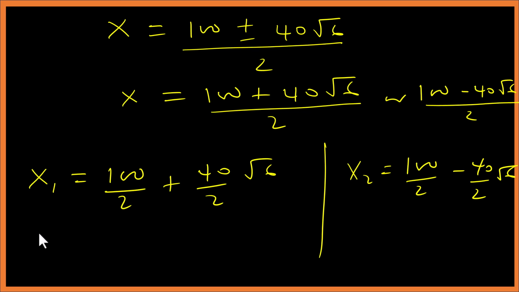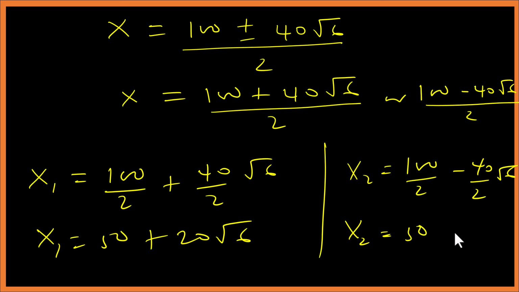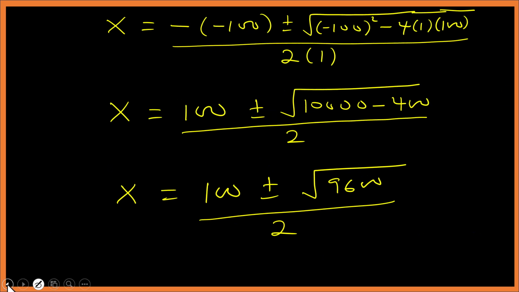So we have x1 as 50 plus 26, and then x2 will be 50 minus 26. Now let's go back.